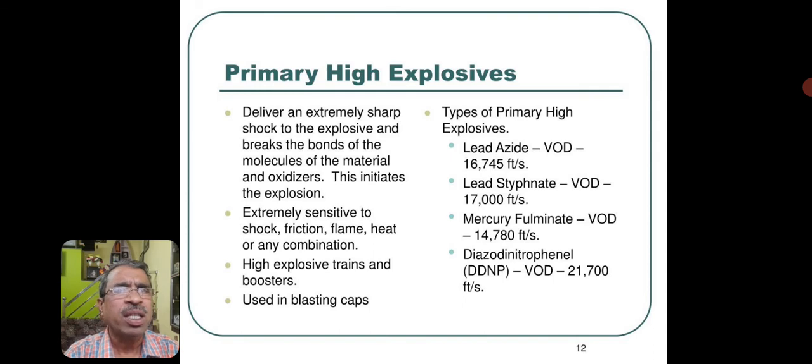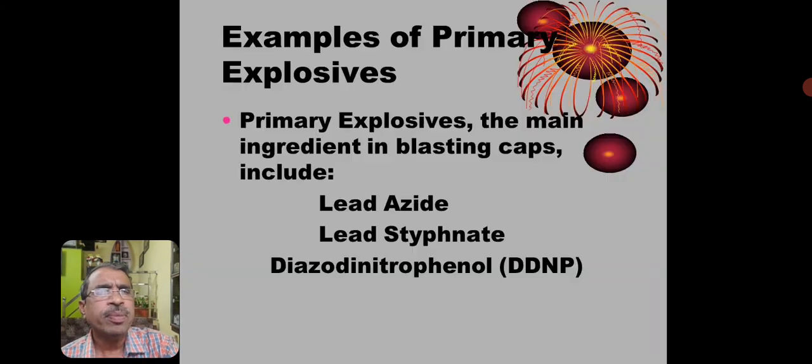Next, lead styphnate has 17,000 feet per second. Mercury fulminate has a VOD value of 14,780 feet per second. So once again, this slide explains the same: the examples of primary explosives, lead azide, lead styphnate, diazodinitrophenol, and so on.